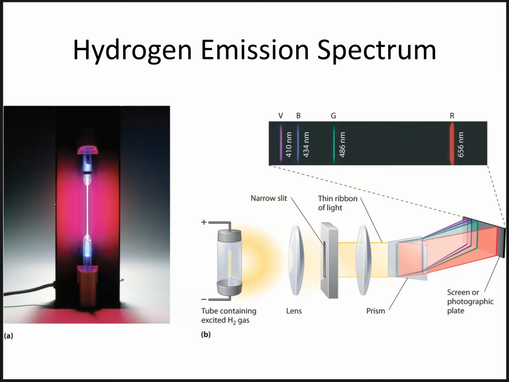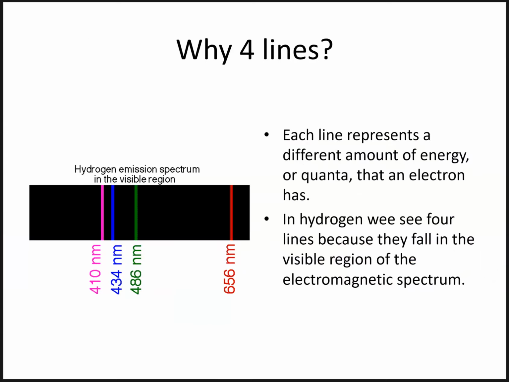So there's an energy associated with 410 nanometers, 434 nanometers, 486 nanometers, and 656 nanometers. Well, this translates into 4 unique quanta of energy. So each line represents a very specific amount of energy. And so when we talk about quanta of energy, we're talking about a specific amount of energy.